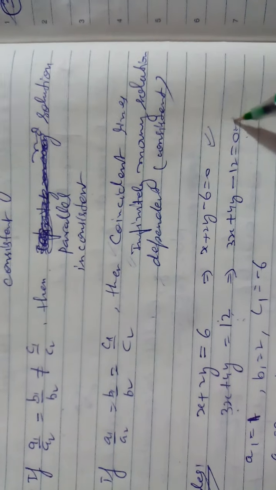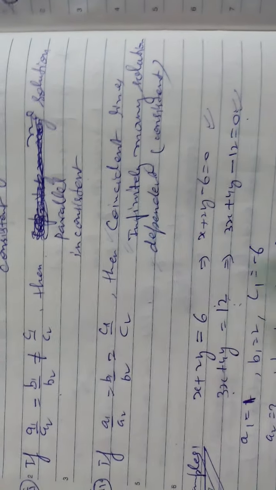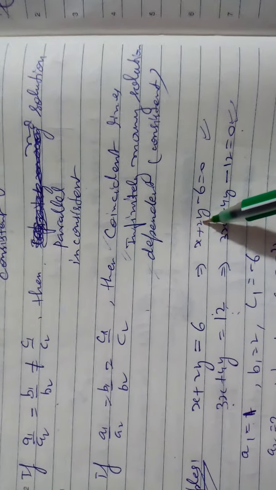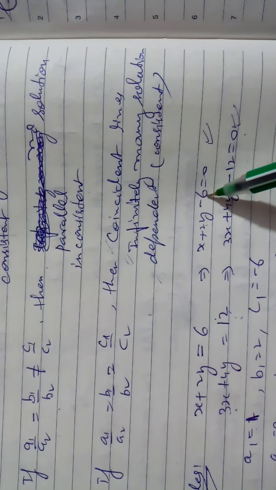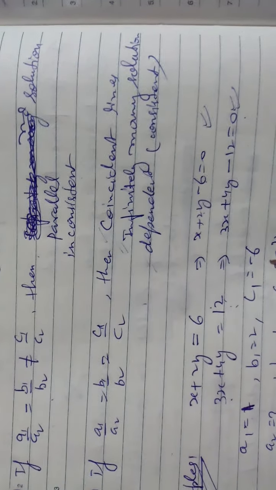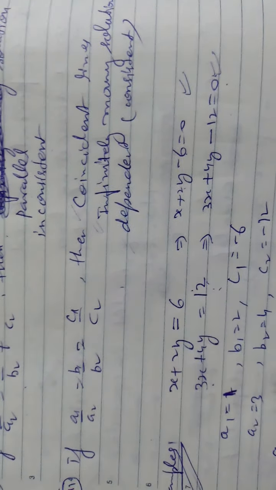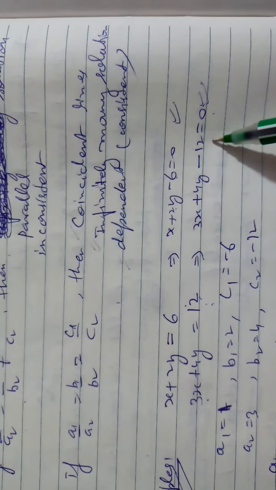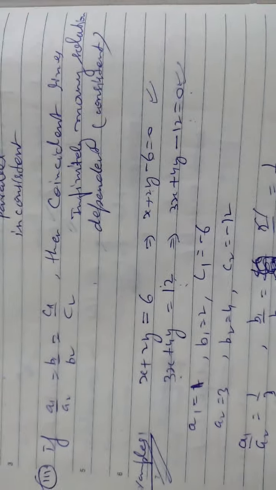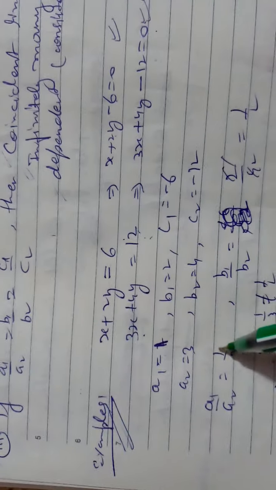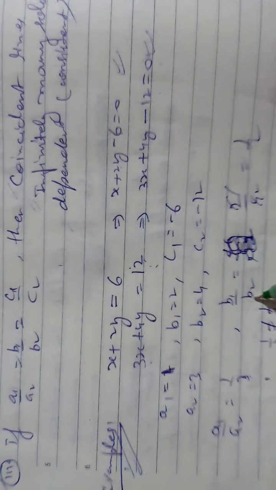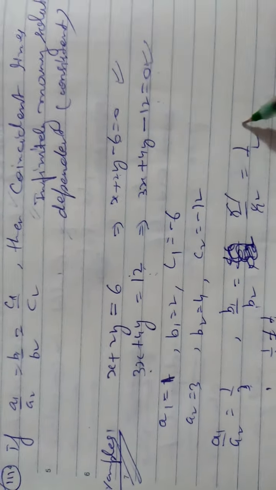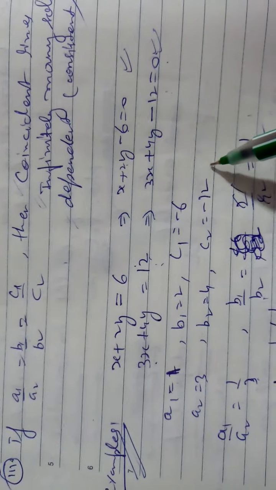Then a1 is 1, b1 is 2, c1 is minus 6. Then a2, b2 and c2 are 3, 4, minus 12: coefficient of x, coefficient of y and constant term. Then take the ratios: a1 upon a2 is 1 by 3, b1 upon b2 is 2 by 4, which is 1 by 2. No need to check the last one.